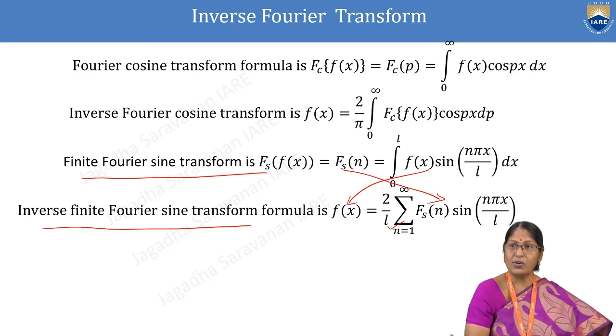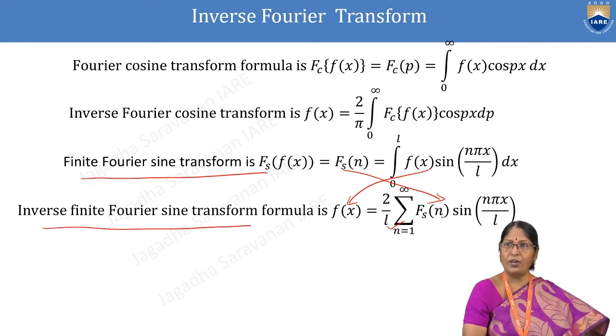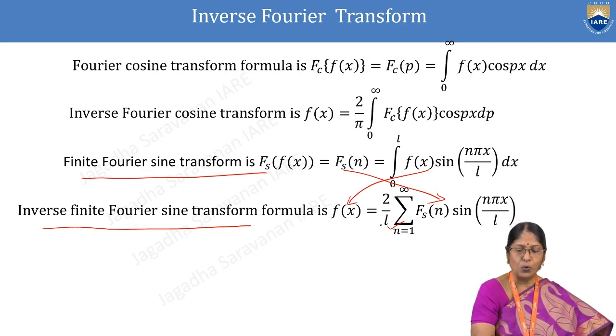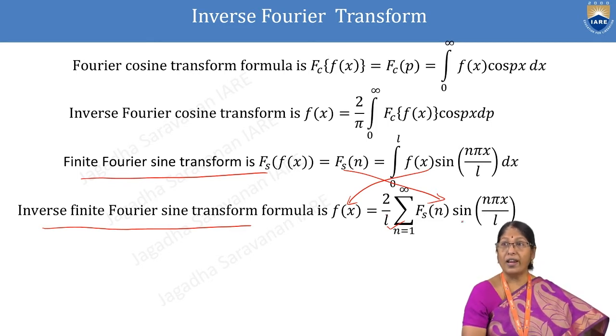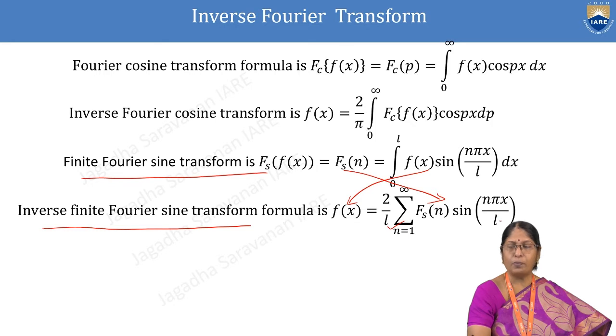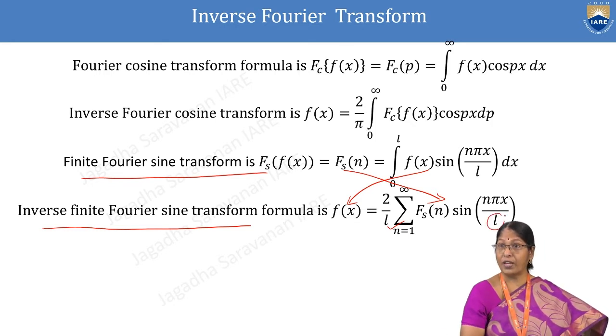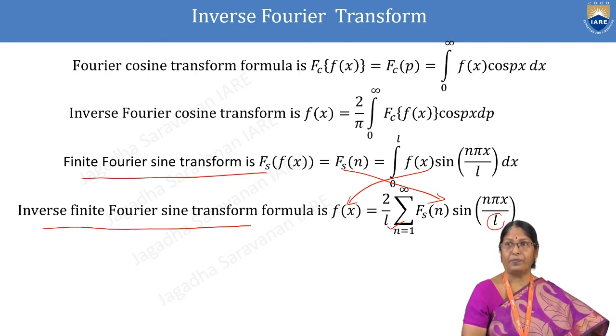The summation has n taking values from 1 to infinity, of 2 by L into the transform into sine of n pi x by L. This L is finite, which we have to keep in mind.